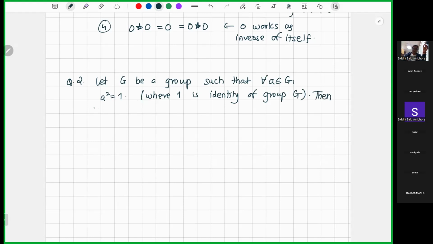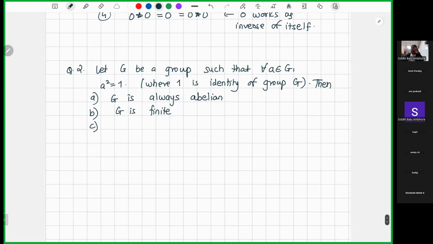Then my options: A, that G is always abelian. B, that G is finite. C, G is infinite.